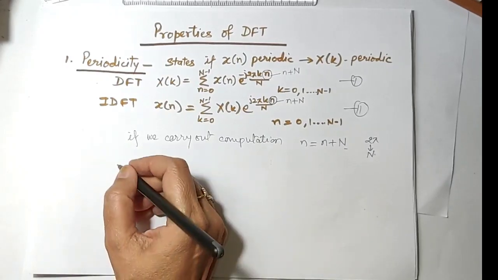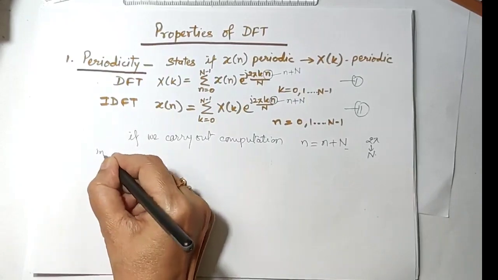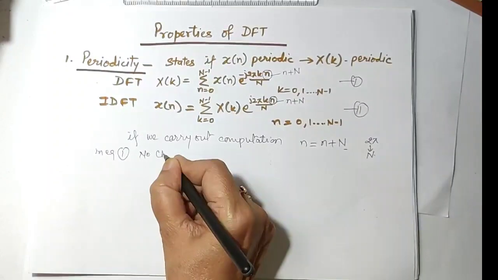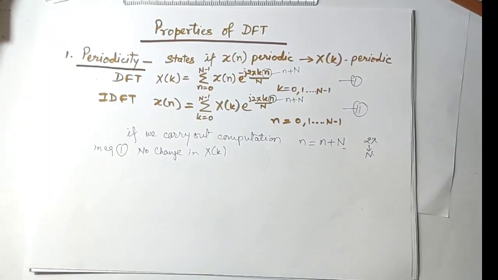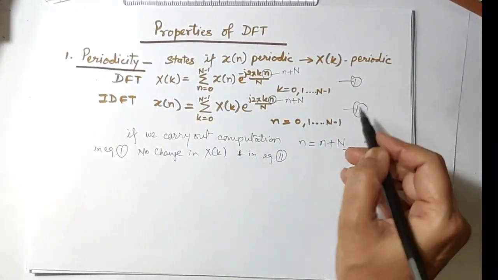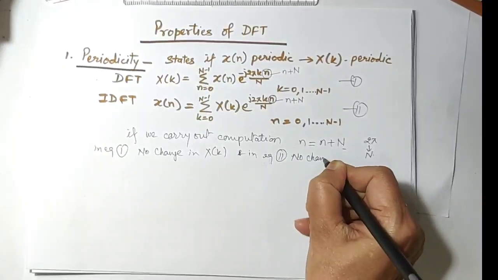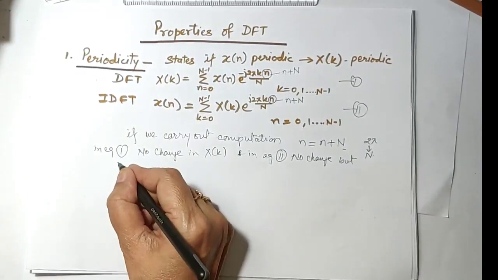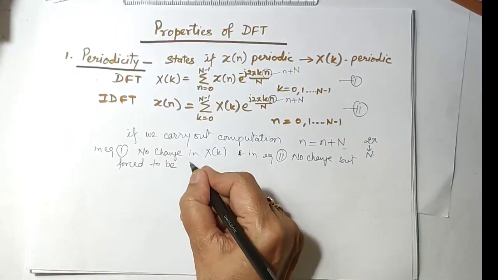I noted it down: if we change this sample, then in equation 1 there is no change in X(k), and in equation 2 no change, but it is forced to be periodic.